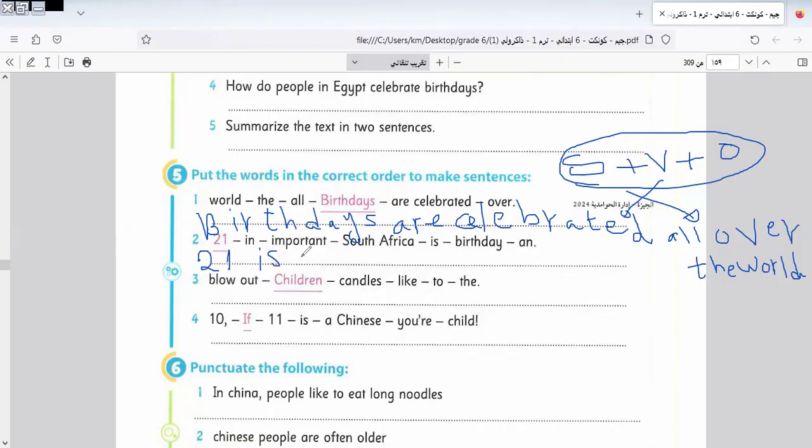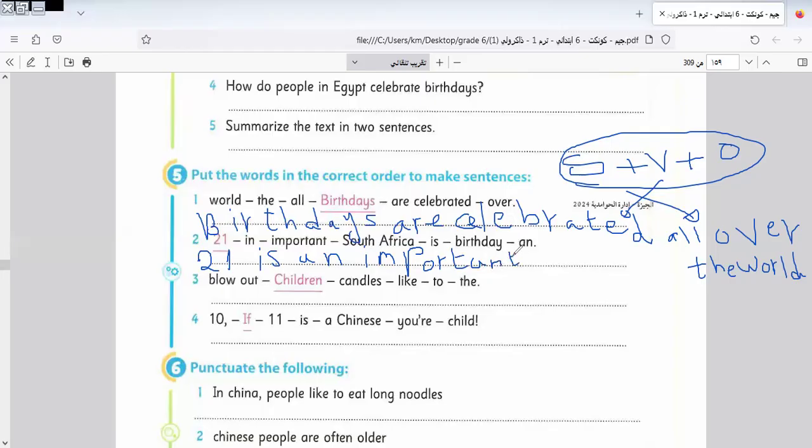As we know this sentence from the text, it's easy to do. It will be: 21 is an important birthday in South Africa.